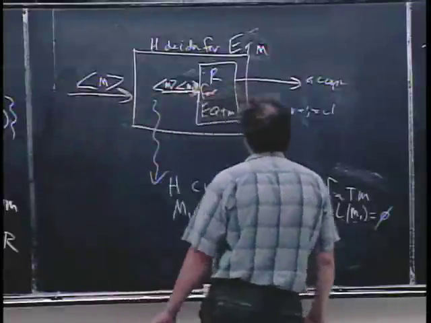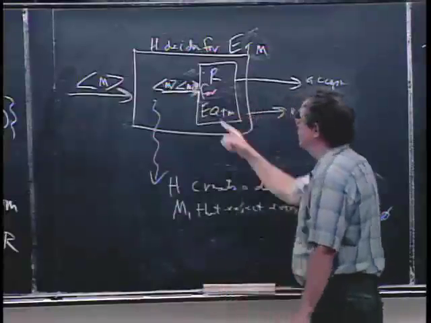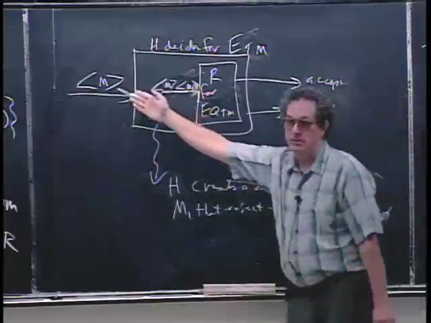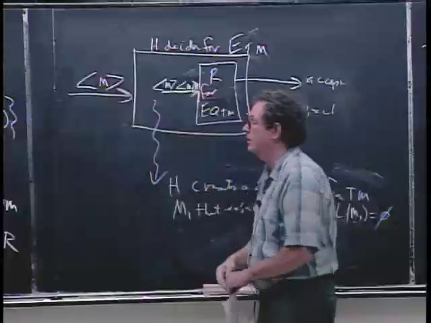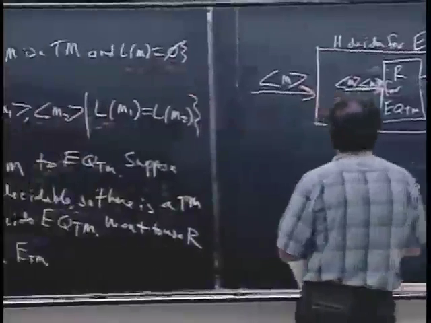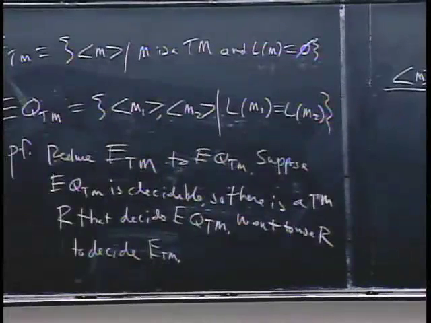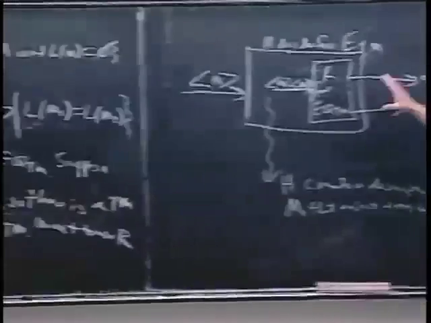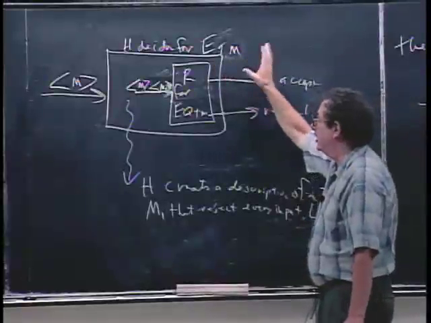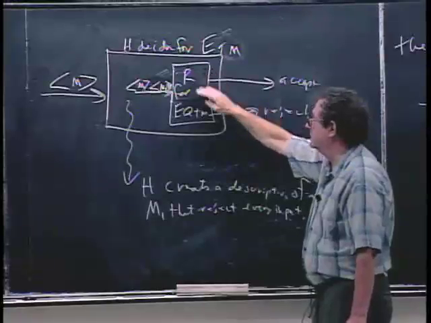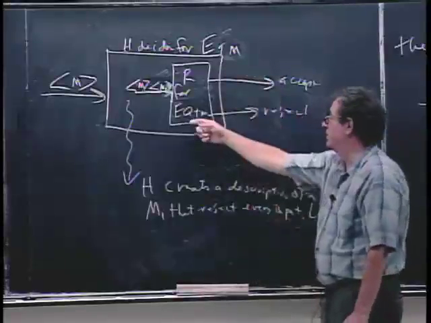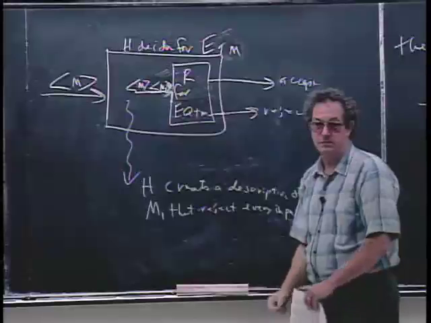And when R rejects, that means these two languages are not equivalent, but L of M1 is the empty language, which means that L of M is not the empty language. The way this was phrased, you want to accept if it is the empty language, and reject otherwise. So you do that. And now we have a description of a Turing machine H that can decide ETM, provided that there's a Turing machine R that can decide EQTM. Since we know that ETM is undecidable, it then follows that EQTM is undecidable.